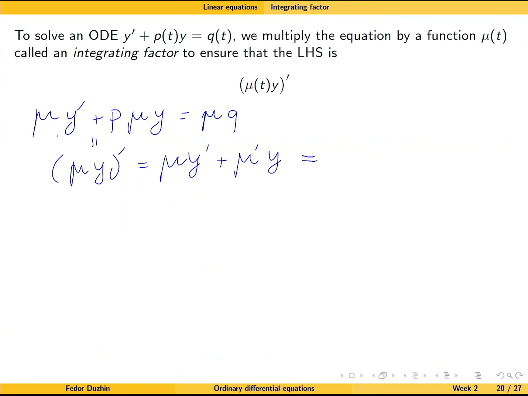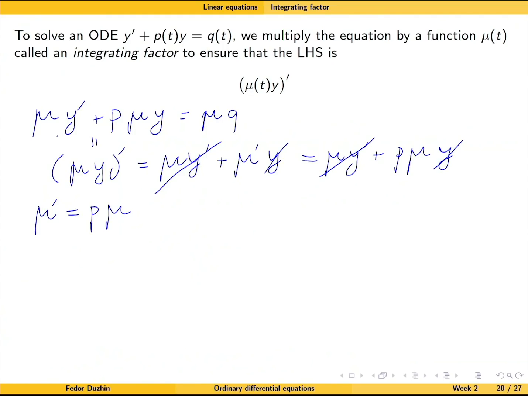Let me rewrite it so it's easier to compare: mu y prime plus p mu y. Now mu y prime here and here cancels out, then y here cancels out. So therefore we have mu prime equals p mu.